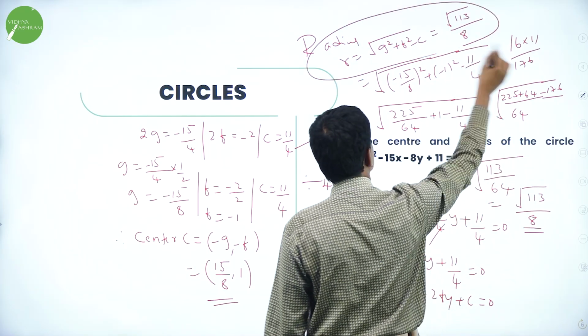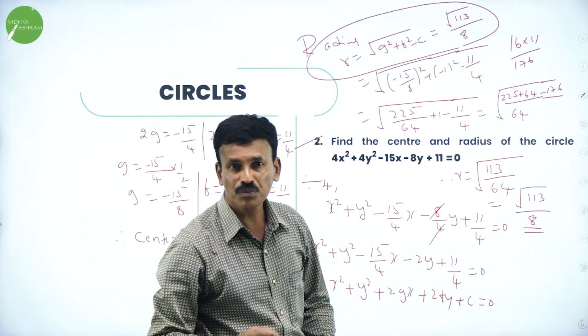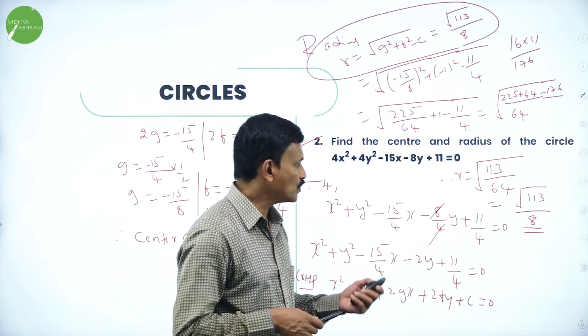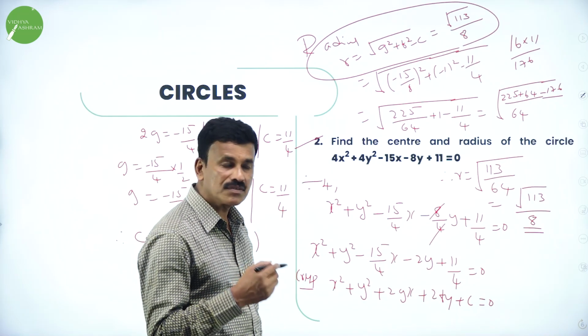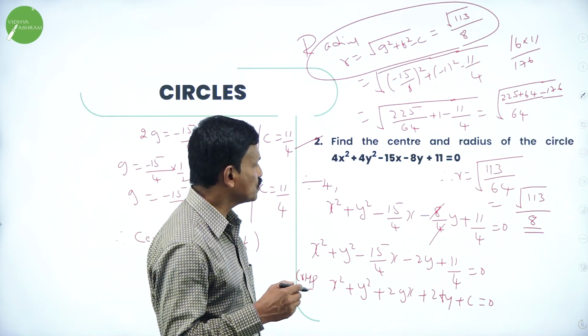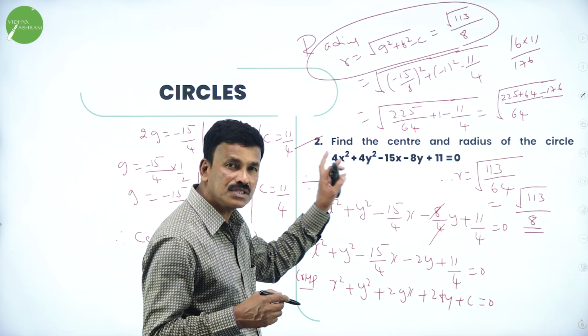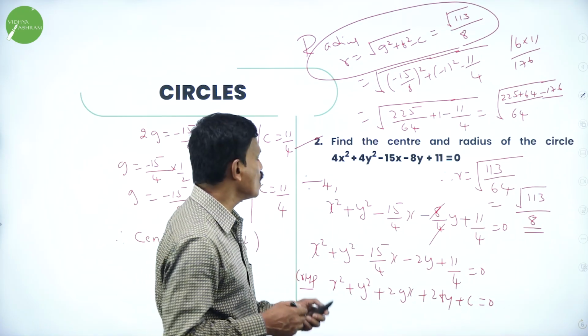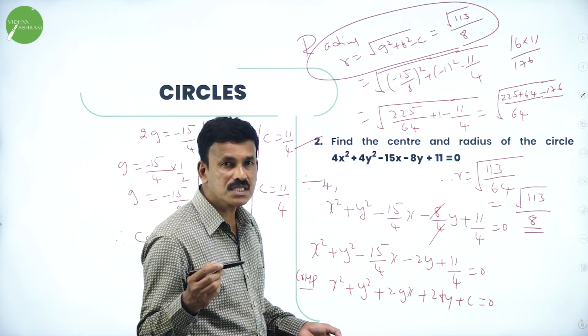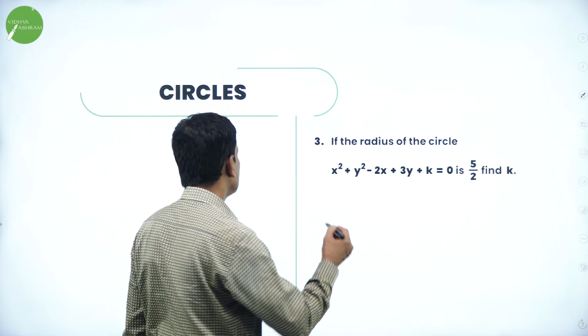That's it. Hope you followed. So this is how we are going to solve. Suppose it is of the form ax square plus by square plus 2gx plus 2fy plus c is equal to 0, just divide by a, then simplify and convert to the standard form. Let's move on to the next problem.